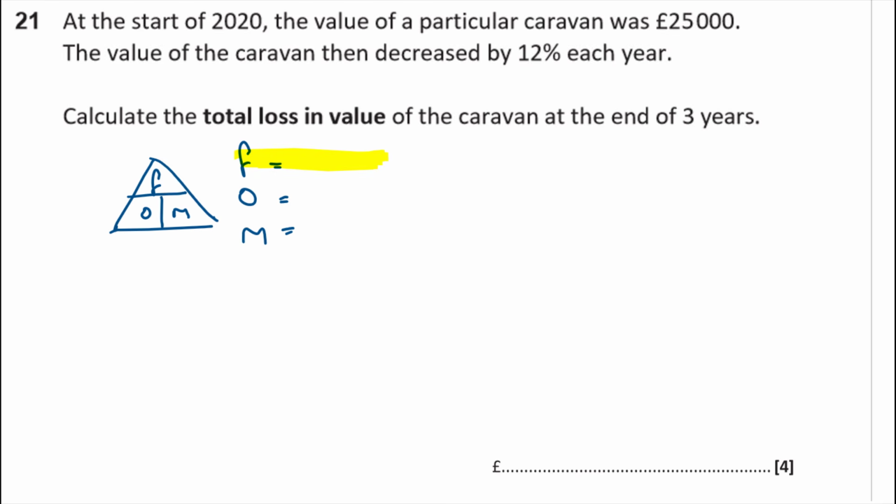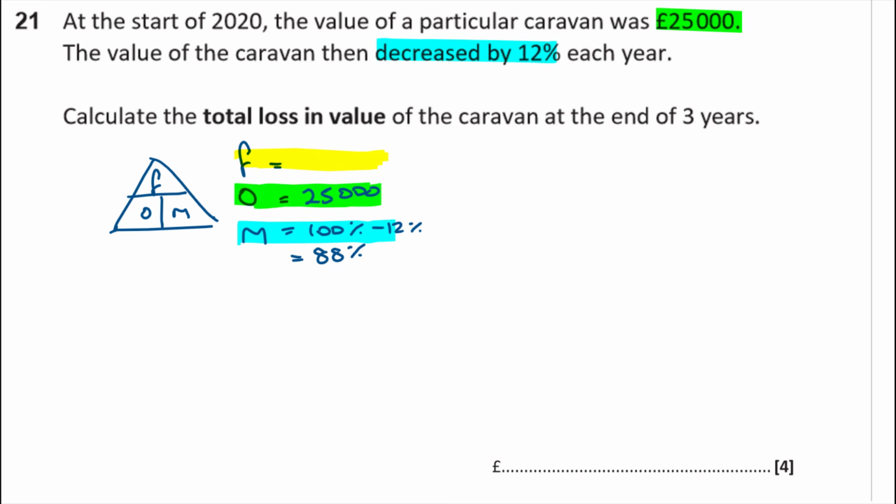I'm going to start with my original value. What's the original value of the caravan? It's £25,000. Okay, the multiplier I can work out from the decrease of 12%. Now, a decrease of 12%, if I've got 100% and I subtract 12%, that is 88%, which as a multiplier is 0.88.